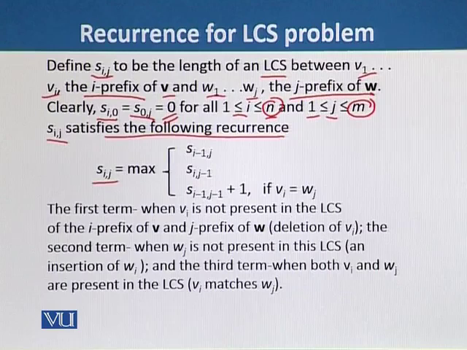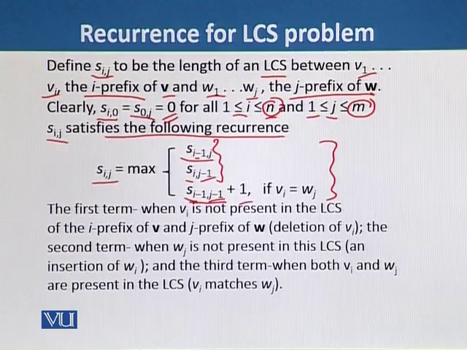We have to calculate S(i,j), and we take the maximum value from these three equations. The first is S(i-1,j), the second is S(i,j-1), and the third is S(i-1,j-1) plus 1 if the V and W characters are equal or identical. Of these three, we select the value that has the maximum score.